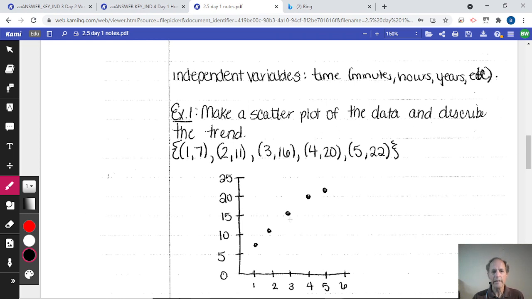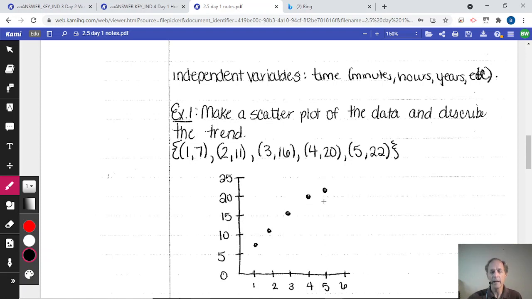But we have plotted this data. See, we have the points here. 1, 7. This is about 7 because the y-axis scale is 5, 10, and so on. And then we have 2, 11. That's this point. 3, 16, 4, 20, 5, 22.